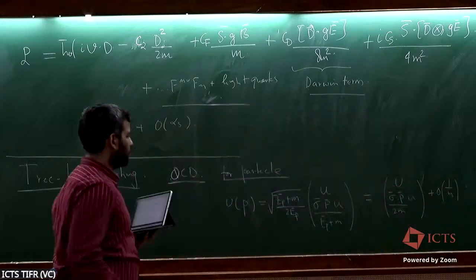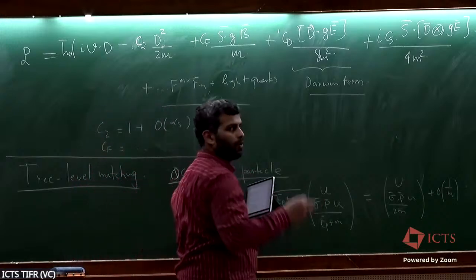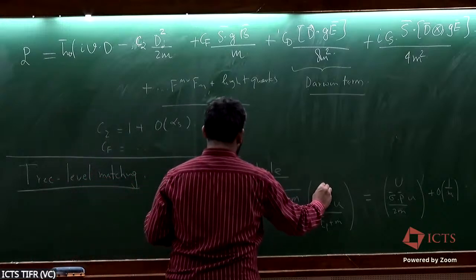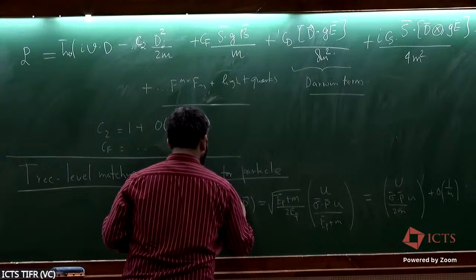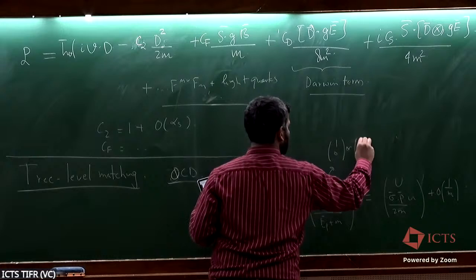Now I'm writing in terms of two component spinors. So the u is like (1, 0) or (0, 1) combination. Let's use this notation.